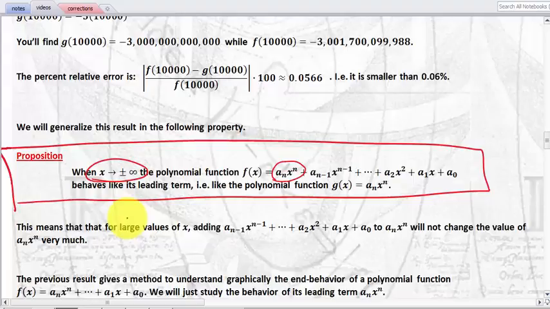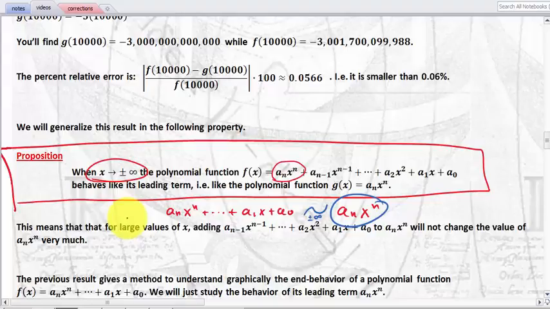One way to write this, and I guess I should have written it here, we would say that the polynomial a_n x^n plus ... plus a_1 x plus a_0, and here's a notation we use in math, we say it is equivalent to, at plus or minus infinity, its leading term, its monomial of highest degree. So if you want to study the end behavior of a polynomial function, you just need to study its leading term.